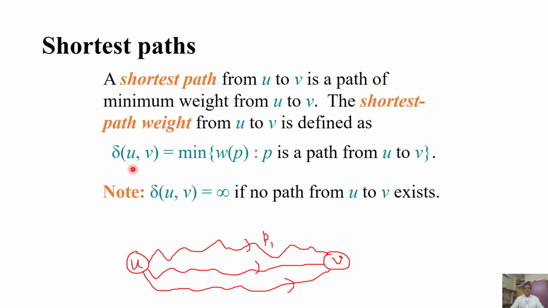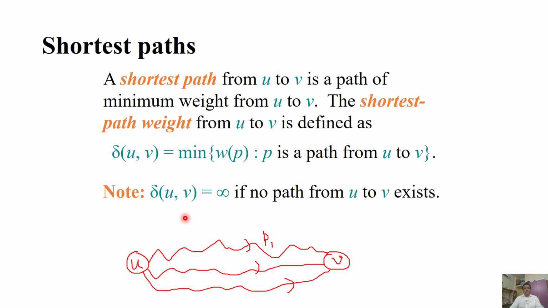So, delta(u, v) is the weight of the shortest path from u to v. That is the minimum of the path weights over all paths from u to v. We consider all paths from u to v and calculate their weights. Whichever has the minimum weight, that is delta(u, v), and that path is our shortest path from u to v.